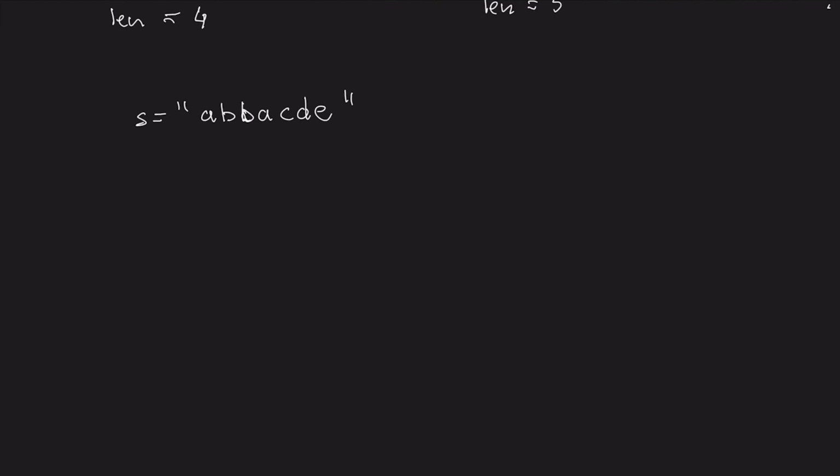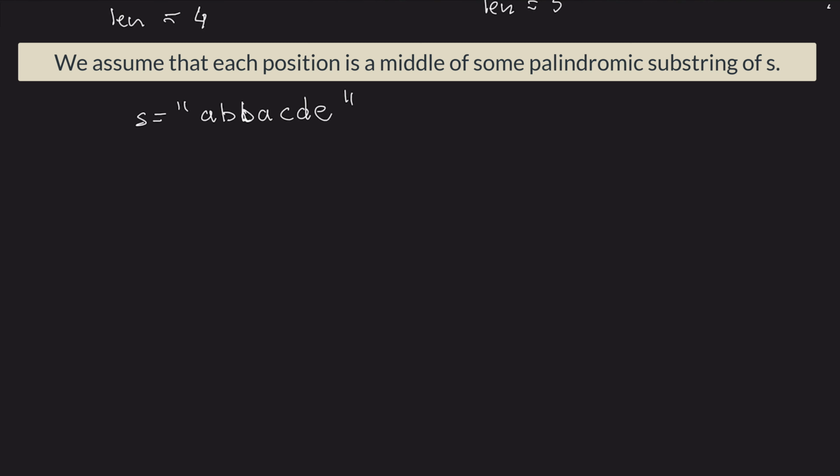But we can still use the previous idea, except that since we don't know where is the middle of the palindrome, in this case the middle is those two letters, and we don't know where they are for that specific string, what we would do is go through the entire string S, starting from the beginning until the end of the string, and we will try to set the middle to each and every character as we go through.